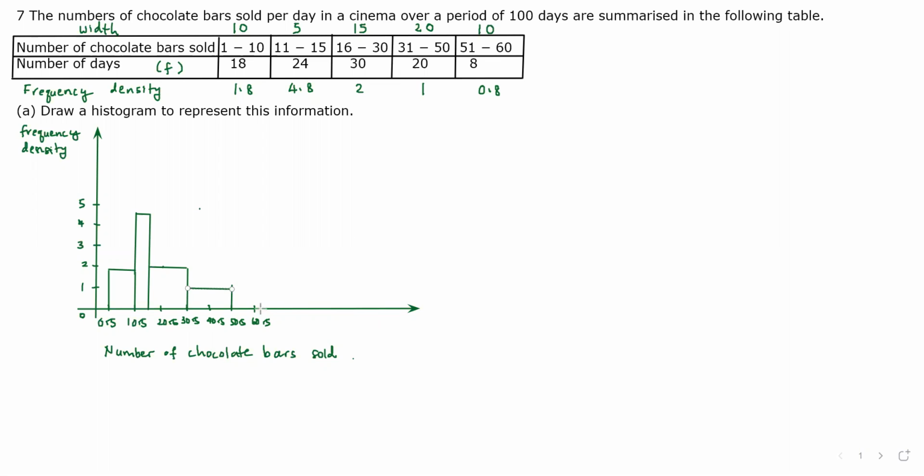And the last class has a height of 0.8. That will give us the histogram for the number of chocolate bars sold per day in a cinema.